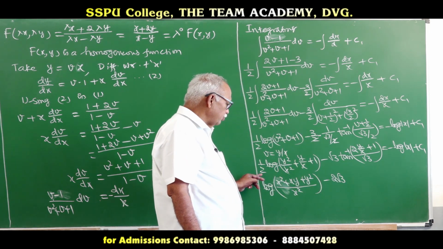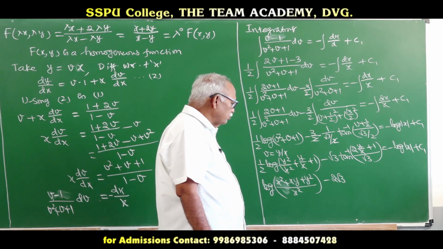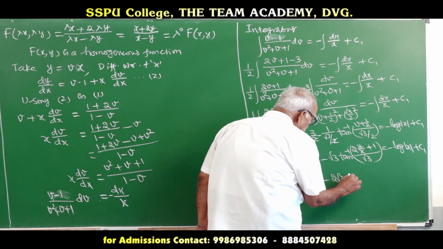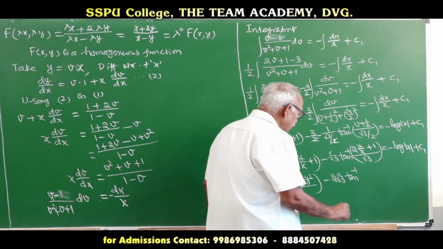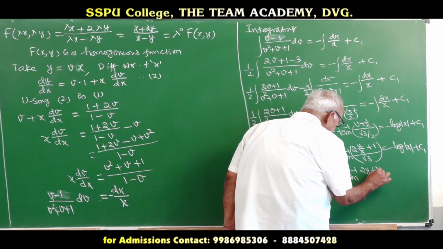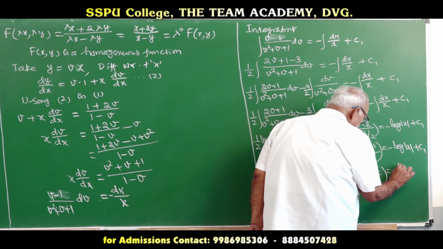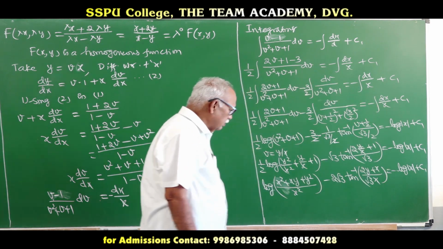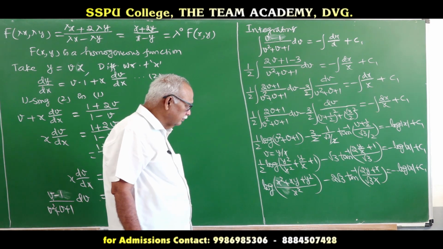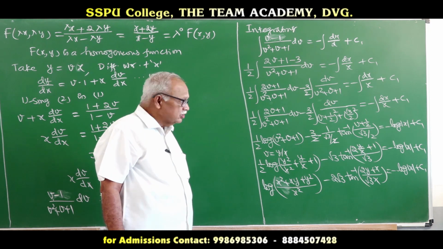This 2 if you want to remove, we have to multiply by 2 here. Now 2 root 3 tan inverse of (2y plus x) divided by root 3x is equal to minus log mod x plus c1.